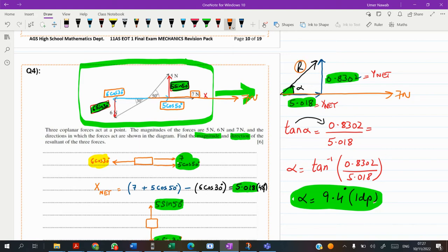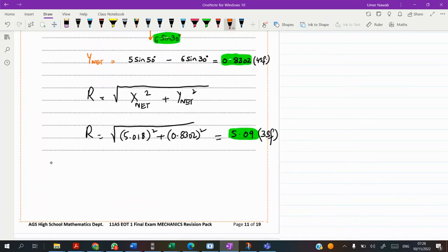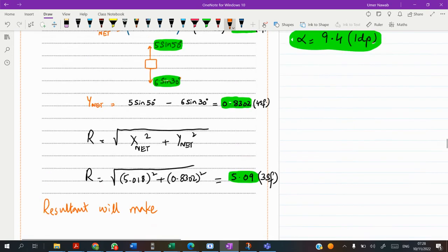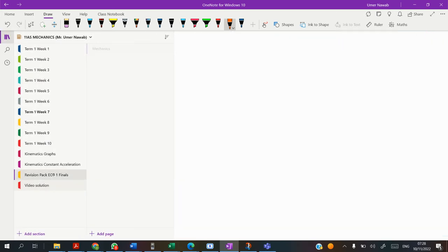So I will say that the resultant will make 9.4 degrees with the 7 Newton force anti-clockwise. Clear? Let me show you the marking scheme as well.